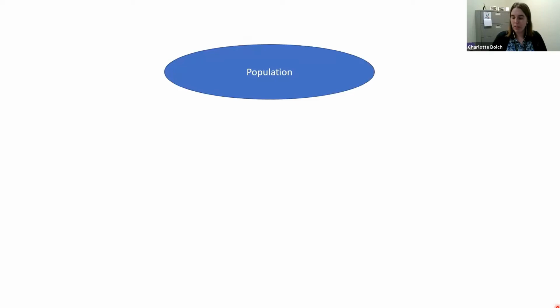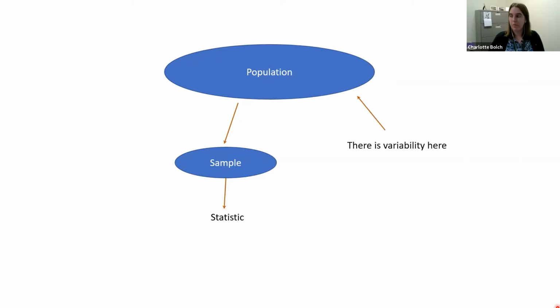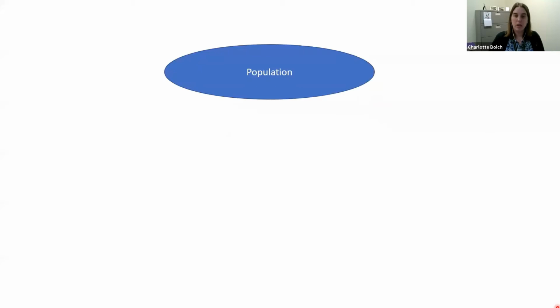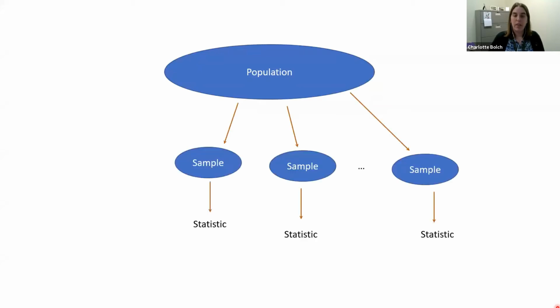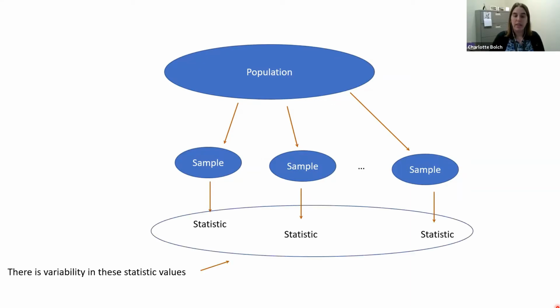We have a population, and then we have a sample, and from that sample, we calculate a statistic. There's variability in the population, there's variability in the sample, and then the statistic is just a single number. We can also have a population and then sample multiple times, and so we get multiple statistics, and there's variability in each of these statistics.